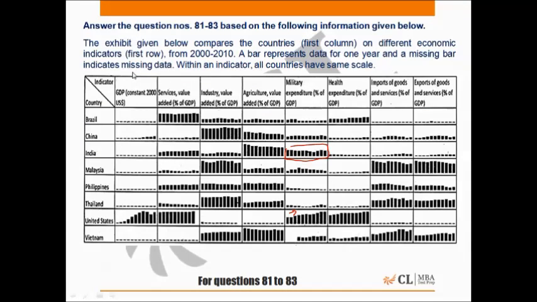So let's consider the first option. In the first option, it states United States in 2002 to 3. That is the bar for industry in 2002, and this is the bar for industry in 2003. By and large, it is stagnant.